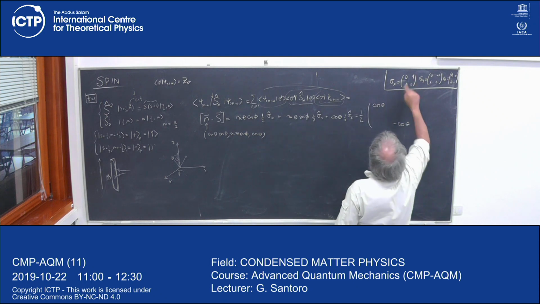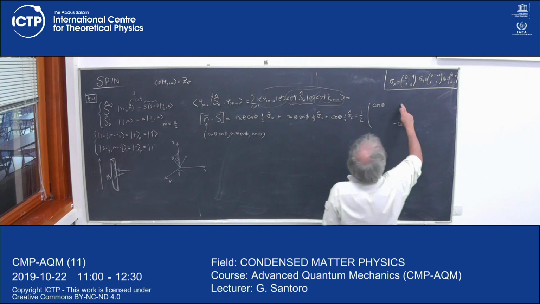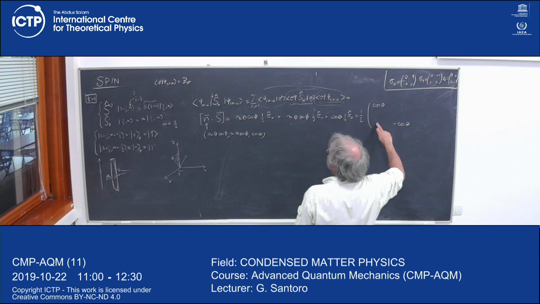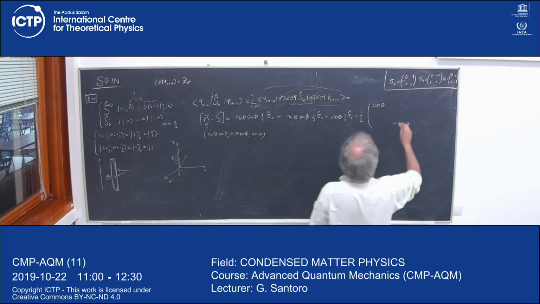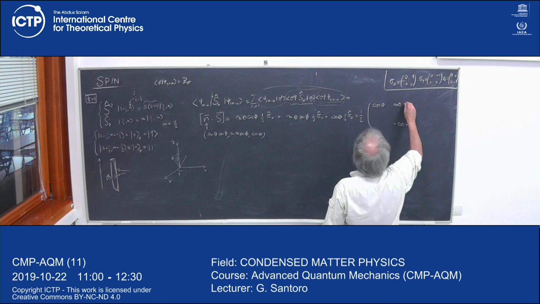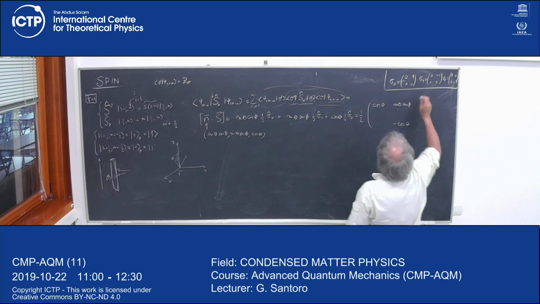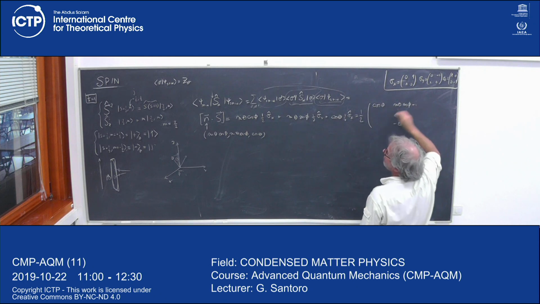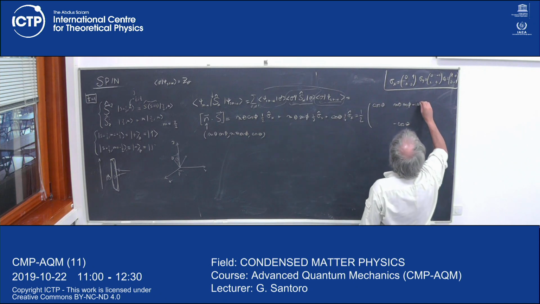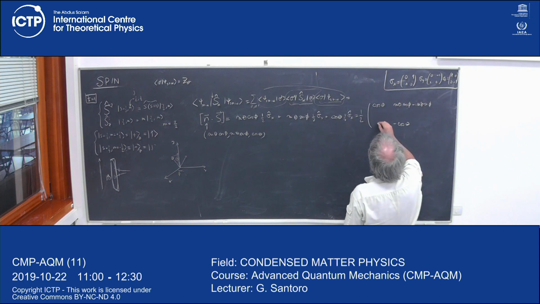On the off diagonal, let's look at this element only, because the other is the complex conjugate. I have sine theta cos phi, multiplying the 1, and then I have minus i sine theta sine phi, and here I have the conjugate.